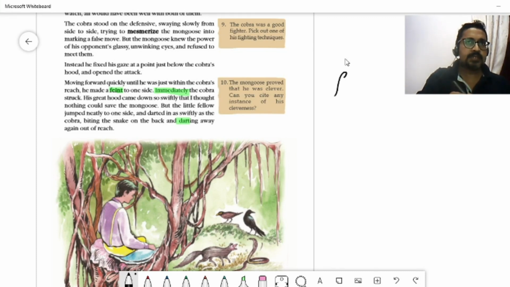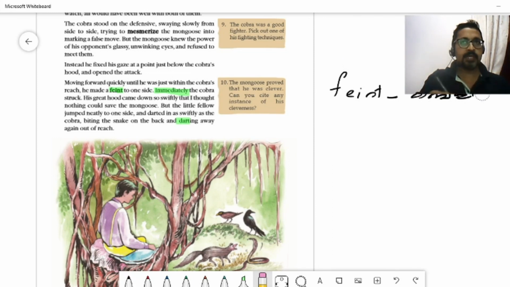Feint, കബളിപ്പിക്കുക. To make a false move, to deceive the opponent or trick the opponent, കബളിപ്പിക്കുക. Feint.